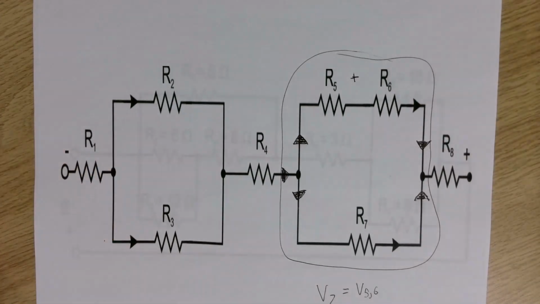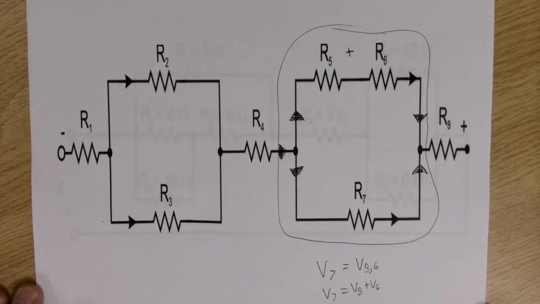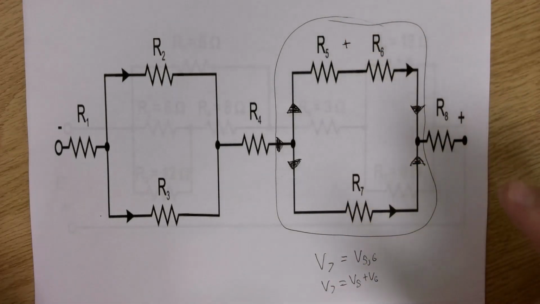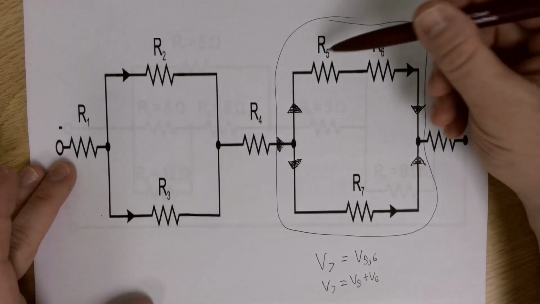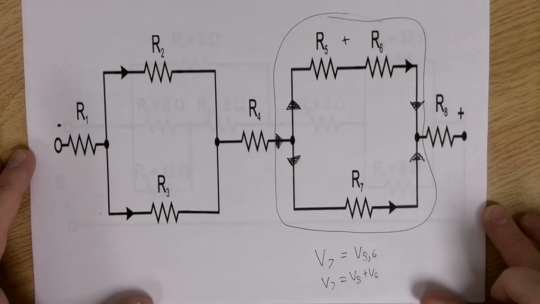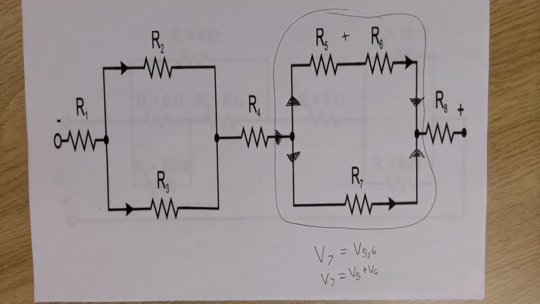If you ask me for help with something, and you haven't drawn any current arrows on the diagram, or drawn yourself a diagram, that's important. If they don't give you one, draw your own diagram. And then as you simplify it, redraw the diagram for how it's going to be after you combine these resistors and combine these resistors. That's going to help you get more comfortable solving series parallel circuits.